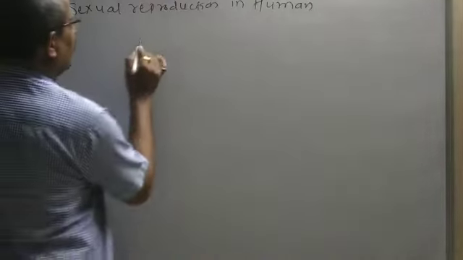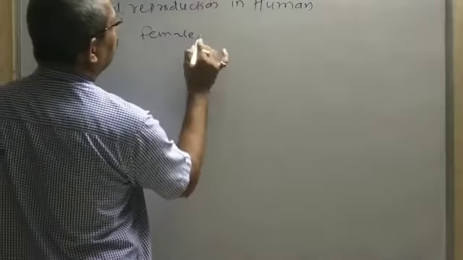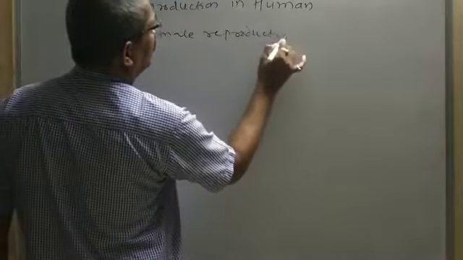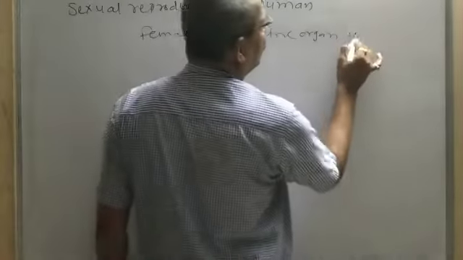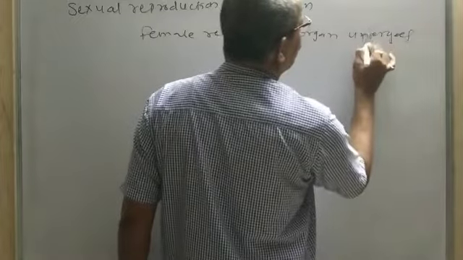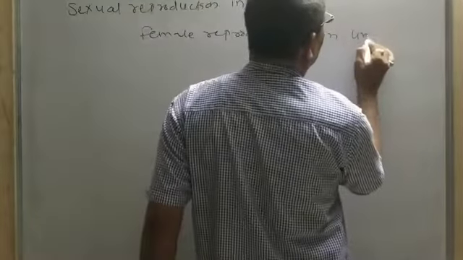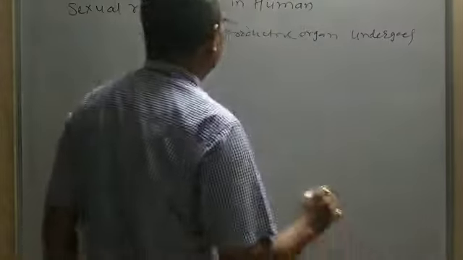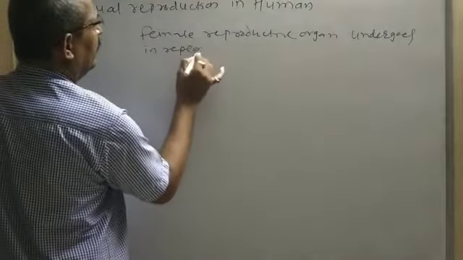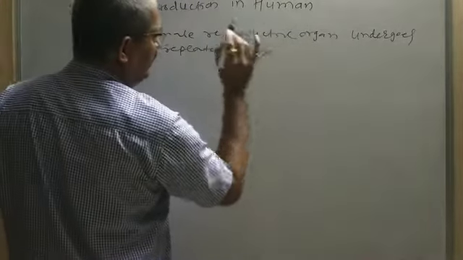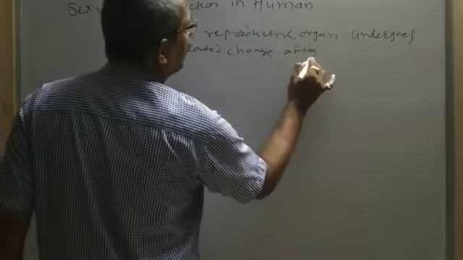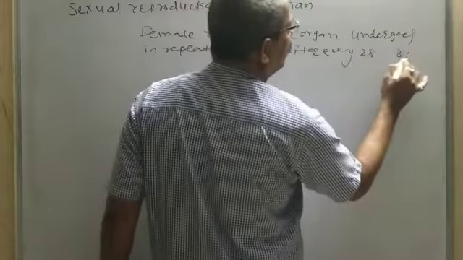In this menstruation cycle, actually the female reproductive organ undergoes repeated change after every 28 to 30 days.